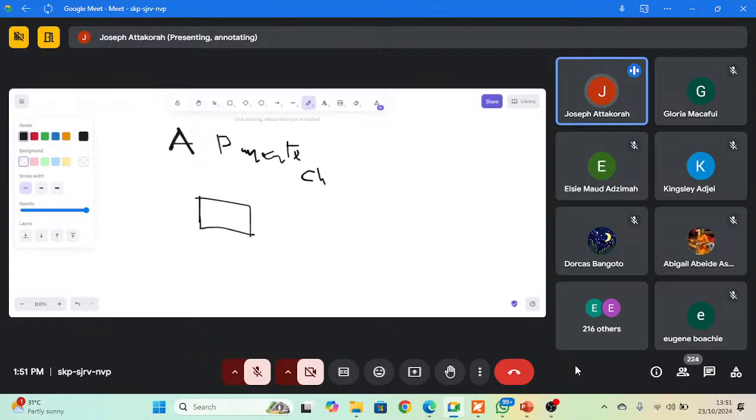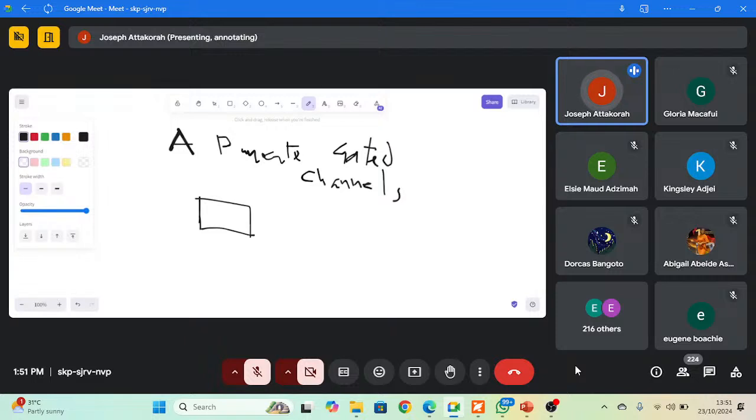We call them gated channels. They are gated channels because these channels could be closed and these channels could be open.